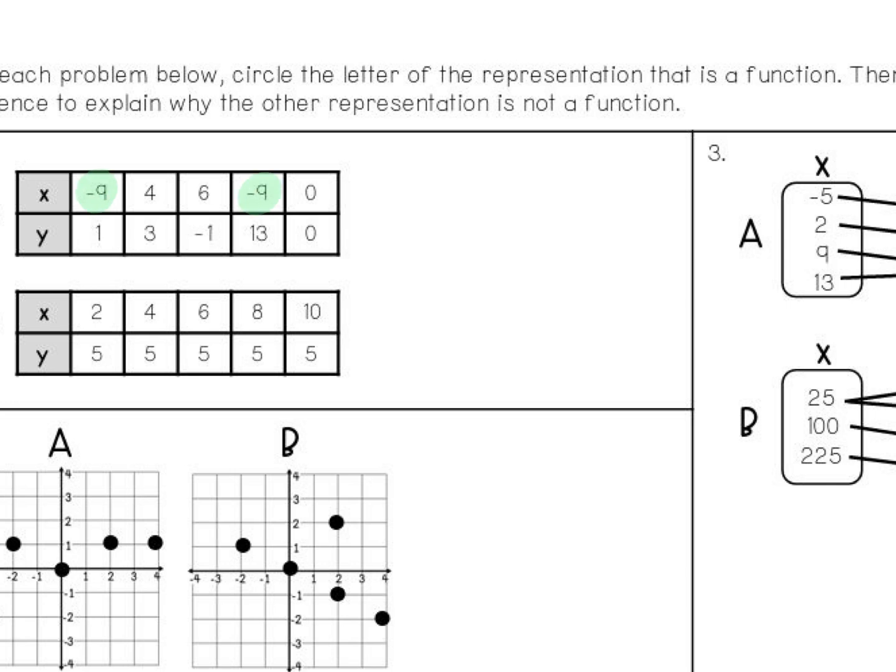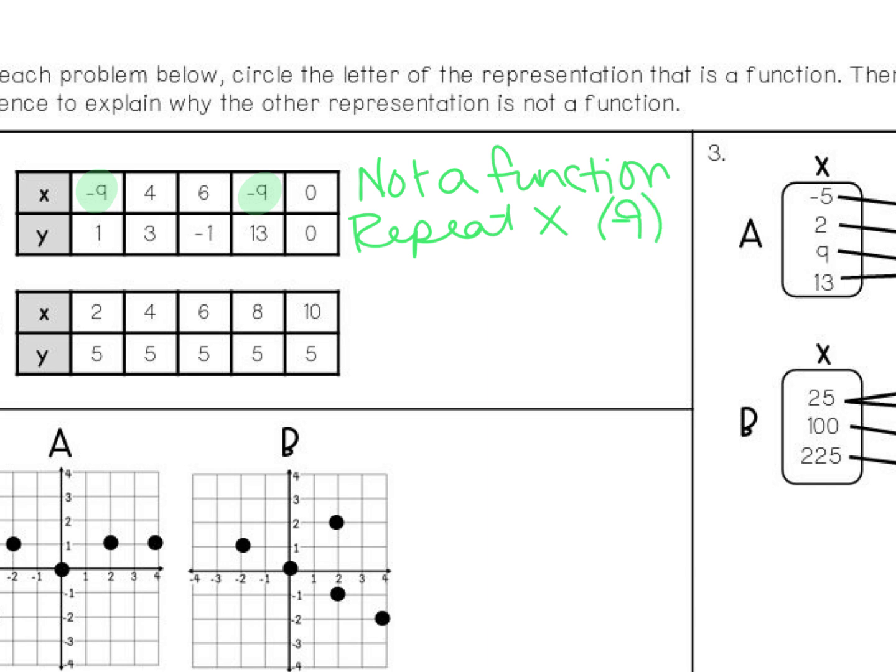What about on the next one, on B? Is that a function? Yes. Yeah, so we can say A is not a function. We can write repeat x. And if you wanted to put -9 in parentheses, you could.